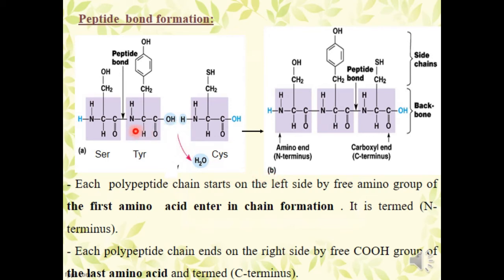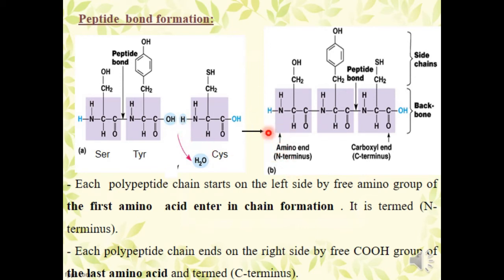Then this dipeptide can form another peptide bond with a third amino acid, in this case cysteine. It will remove one molecule of water, so the carboxyl group is made up with the amino group.